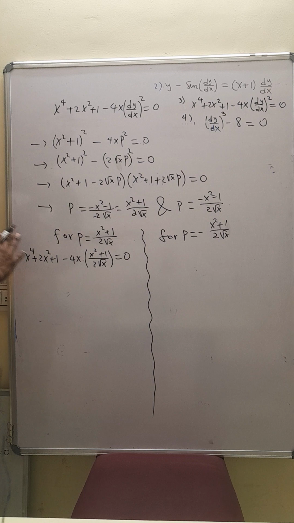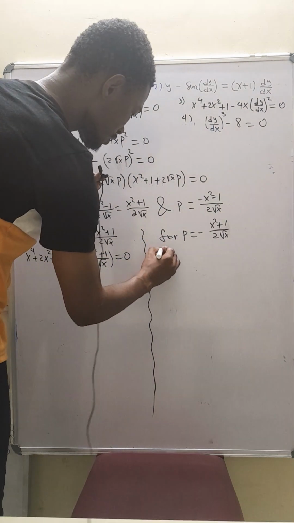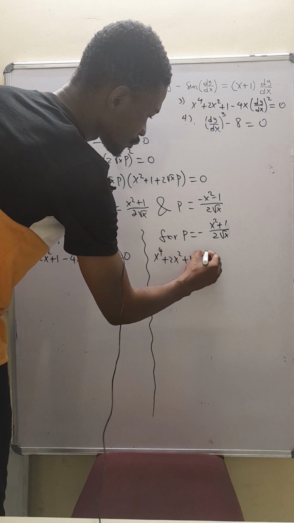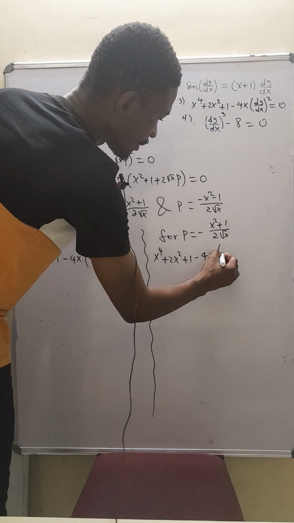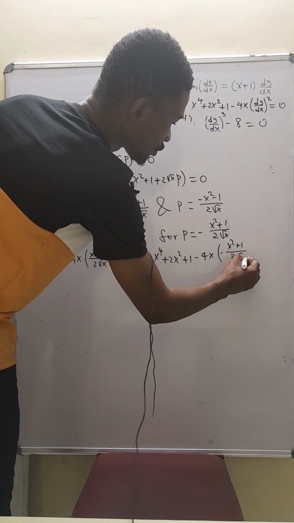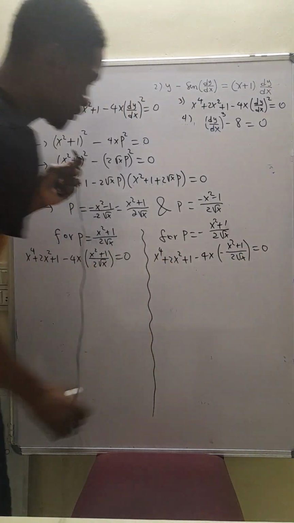Okay, I got only an expression of x. And here also, x⁴ + 2x² + 1 − 4x·(−(x² + 1)/(2√x)) = 0.